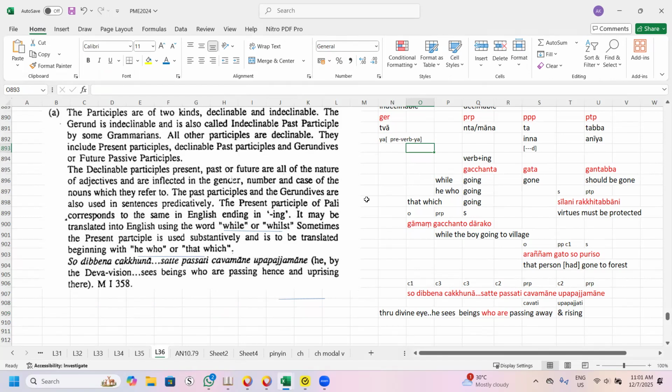So here: "he who is going", I put "is". Or "that which is going". This is what I'm trying to tell you; these are the three you can use.